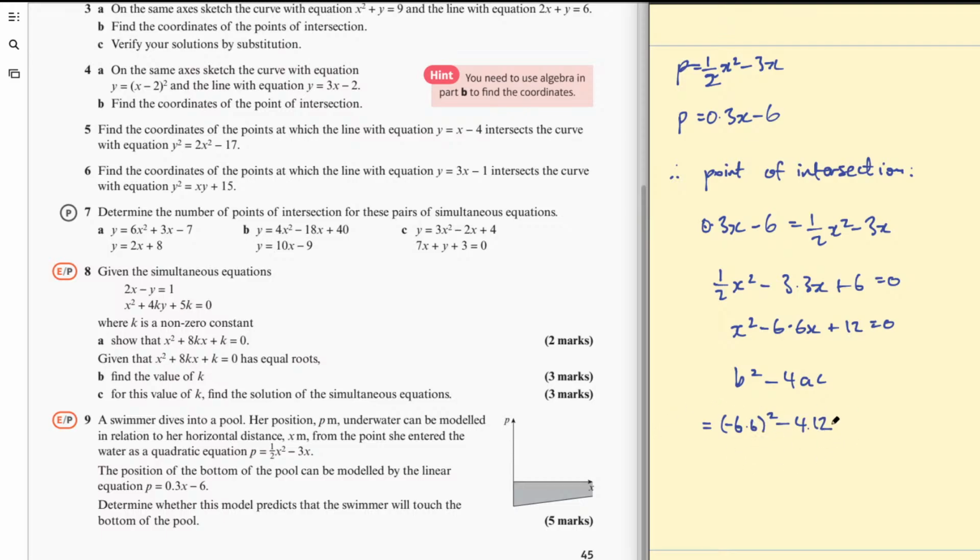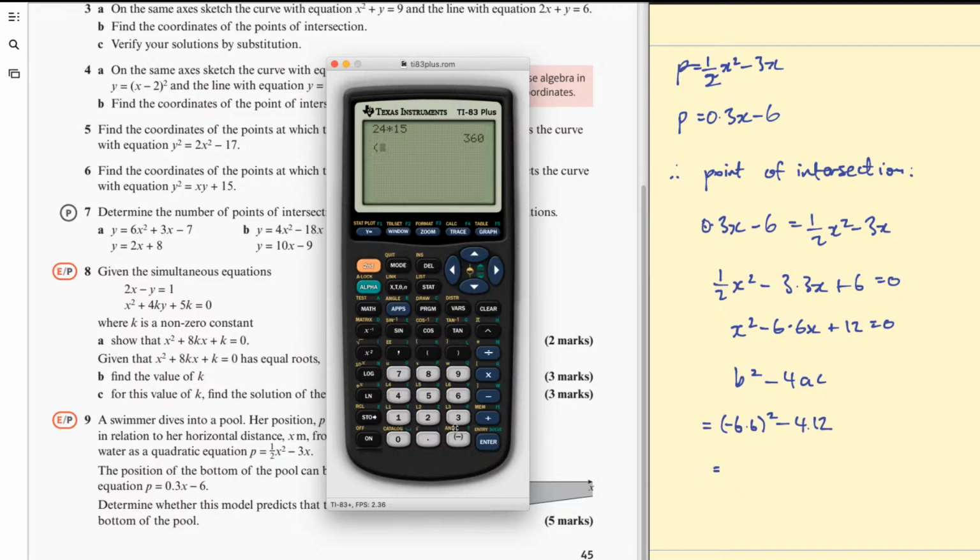This looks like it's going to be negative. This looks like it's going to be larger than this number, but we can just put that straight into a calculator and see. So we've got negative 6.6 squared take 48, and I get negative 4.44.